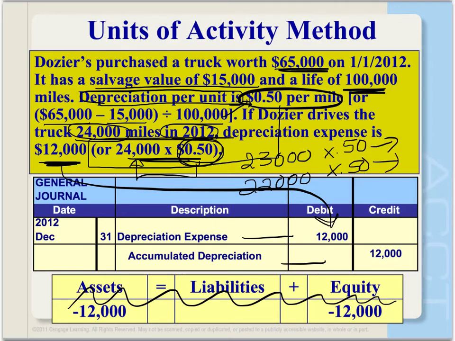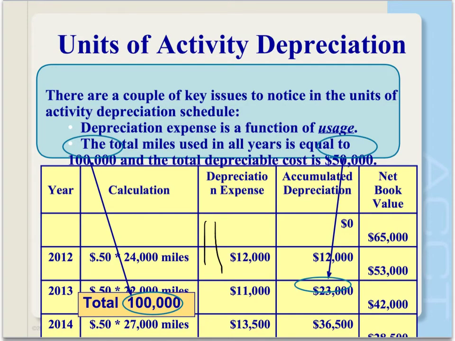So each year, unlike the straight line depreciation, the depreciation number will change. Here in 2012, you can see we drove 24,000. In 2013, we drove 22,000. So depreciation was 11,000 here and 12,000 here. Now let's go ahead and exercise on our own.